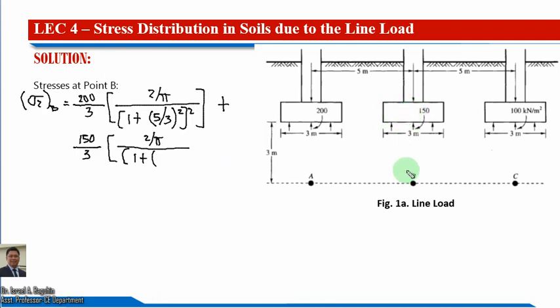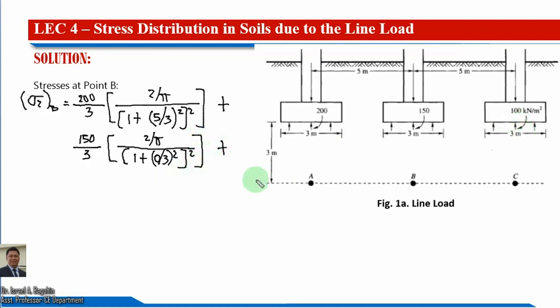We now base our reference from this point B, so that is why our x here is equal to 0 over 3 squared raised to the power of 2.